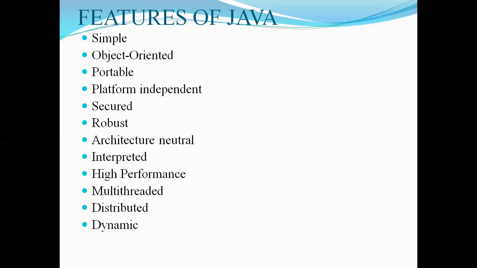And next is distributed. What is distributed? In general, network-based applications are classified into centralized applications, client-server architecture-based applications, and third, distributed applications. Now, what do you mean by a centralized application? A centralized application means multiple clients can communicate with a single server.